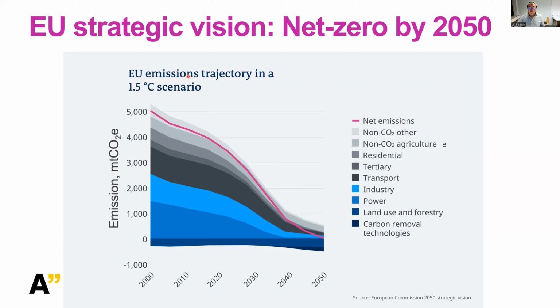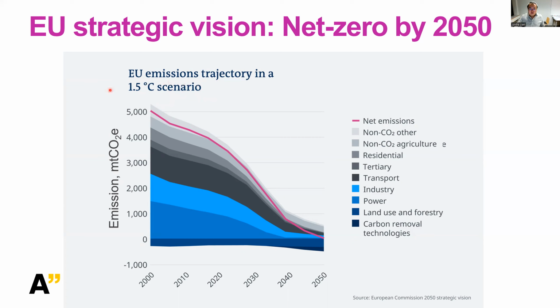The agreement says we cannot exceed 1.5 degrees C global warming by 2050, otherwise we will enter very serious problems. So this is simply called the Paris Agreement, or the 1.5 C scenario.